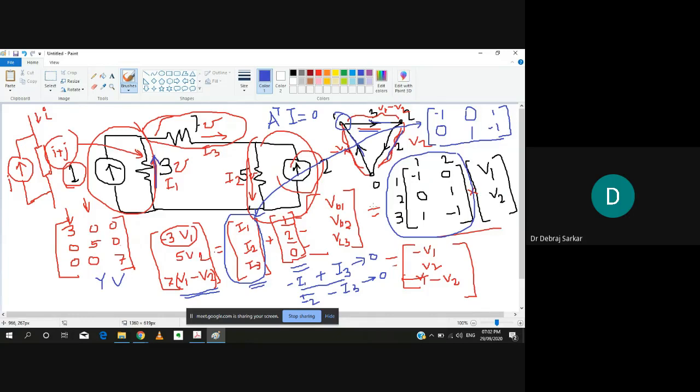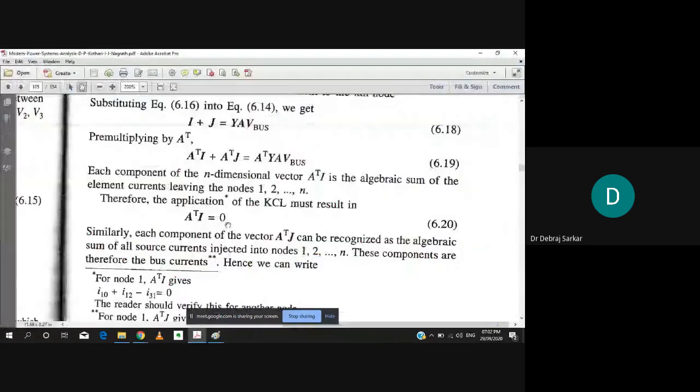See, I'm going to record this video. Do it by yourself, only then will you understand. So we have seen that A transpose into I is a 0 matrix. So hence this is true.